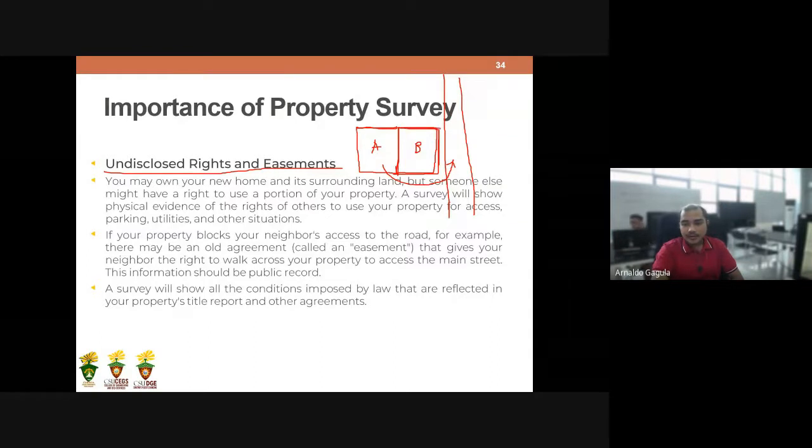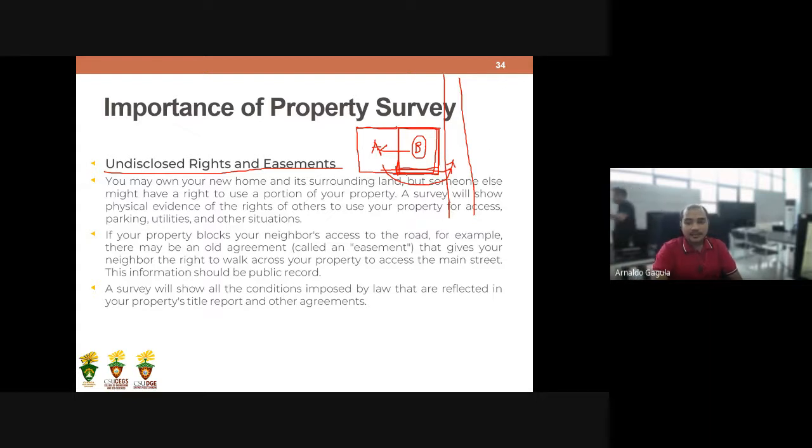So, although in your technical description, it is required by law that you need to give an easement. B must give an easement to A so that A can access the road located in your property. Of course, how will A pass? Will he use a helicopter to get to the other side, or build an overpass? So it is not possible.